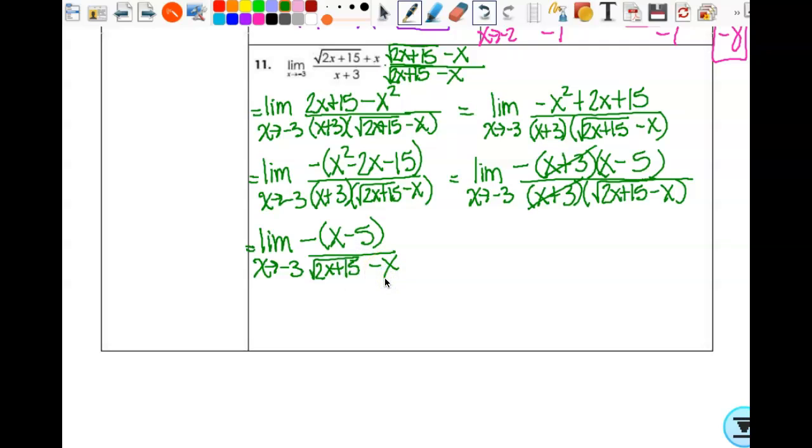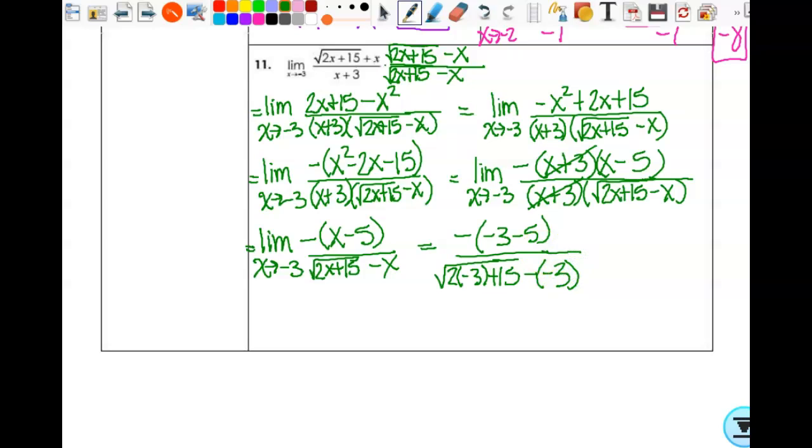Okay. Everybody good with everything? So now everything is reduced and simplified, and I can evaluate. So this is going to give me negative, and then negative 3 minus 5 over the square root of 2 times negative 3 plus 15 minus a negative 3.